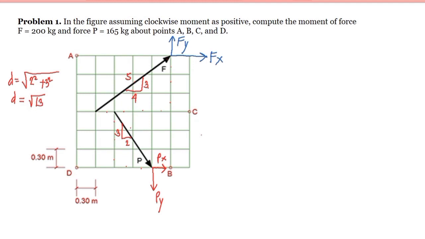Now let us go into computing the components. For the Fx, the horizontal component, that is just equal to the magnitude of the F multiplied by the slope. Since this x here is horizontal, we take the 4, that's the horizontal component, over the diagonal 5.